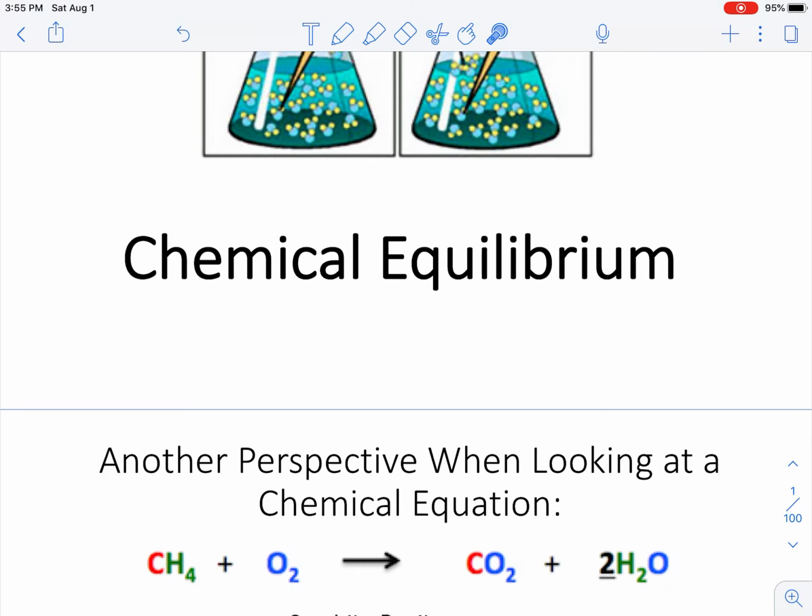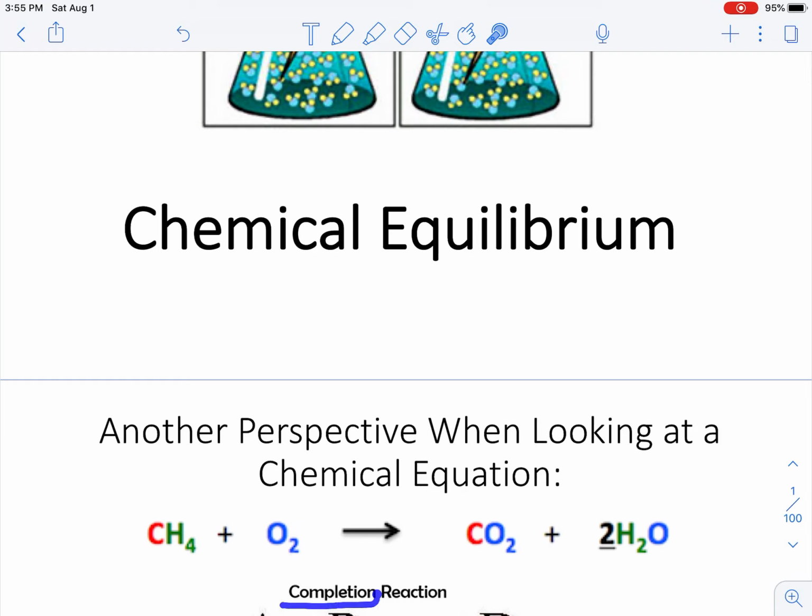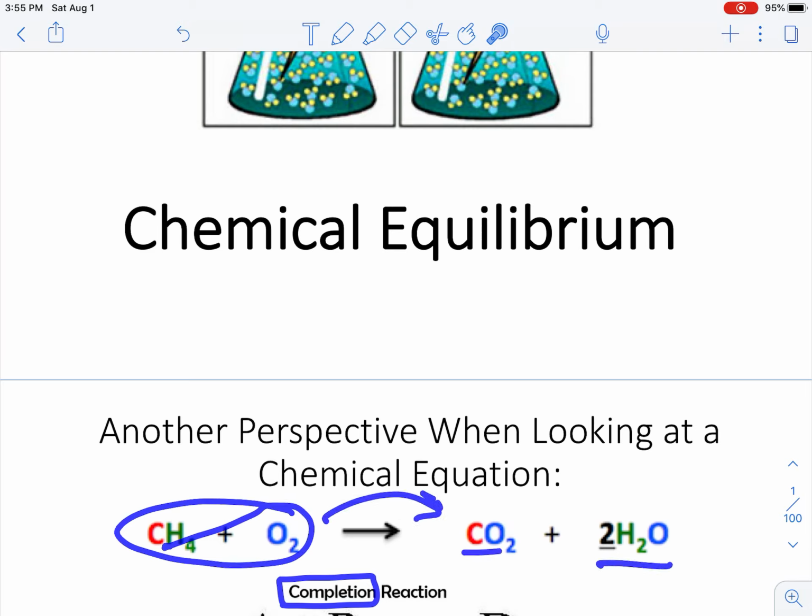And so one can say that this type of reaction has undergone completion. In other words, all of the reactants get converted into products.